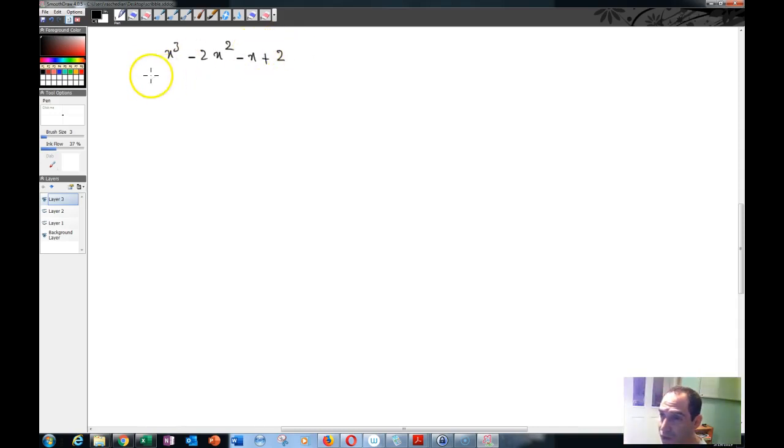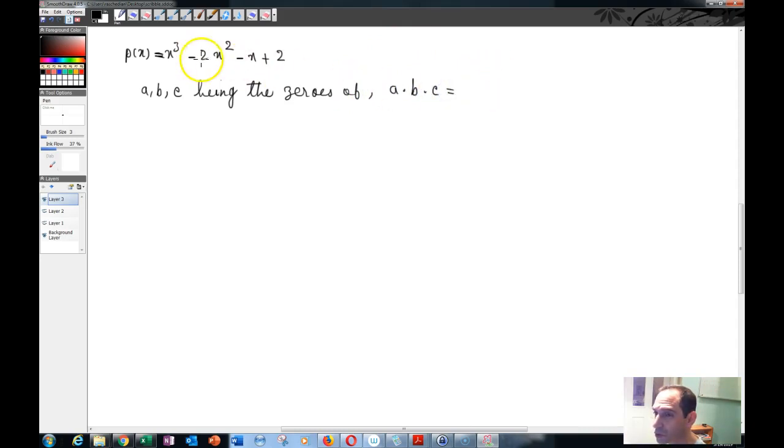Meaning that if you take A, B, and C being the zeros of, let's say, P of x, then negative A times B times C is equal to this constant over here, which is equal to 2. That means that ABC is equal to negative 2.